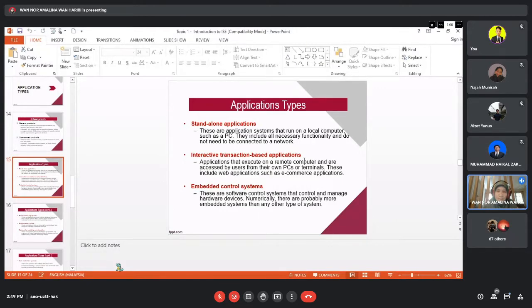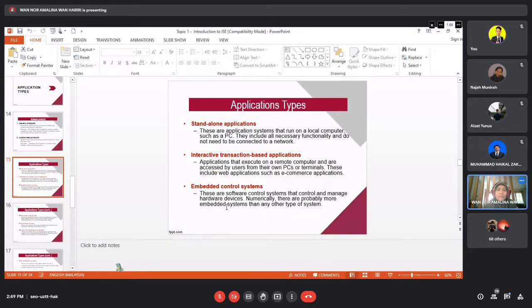interactive transaction-based applications. These applications execute on a remote computer and are accessed by users from their own PCs or terminals. Contohnya web applications. And this is the one that you are coming up with. For your class group project, it will be a web application. Probably web, probably mobile, but not a standalone application.